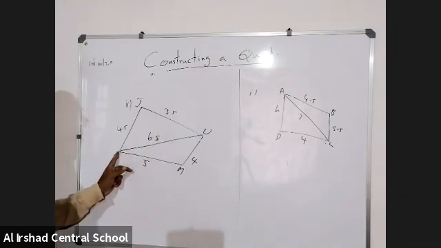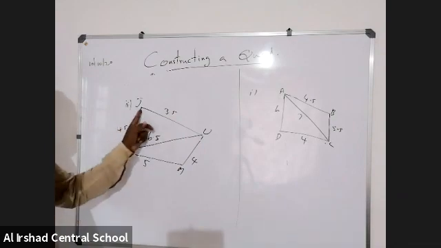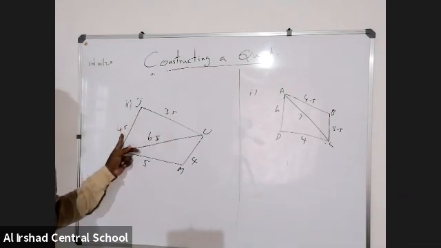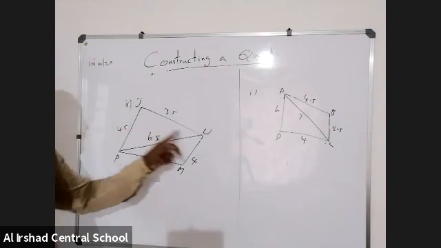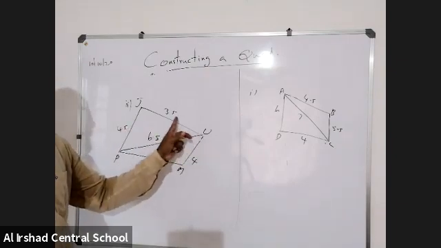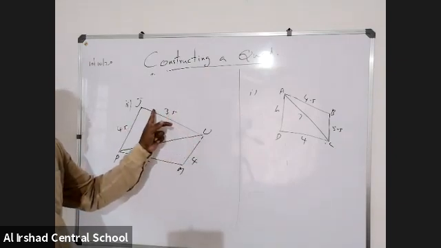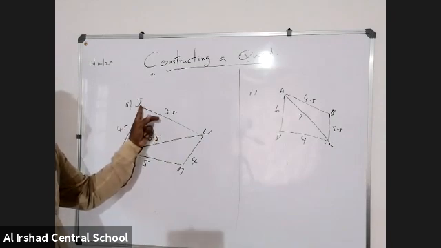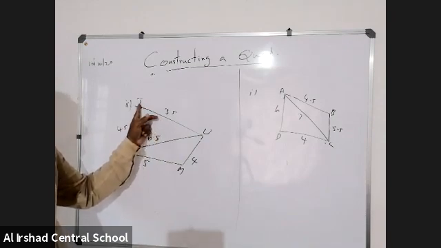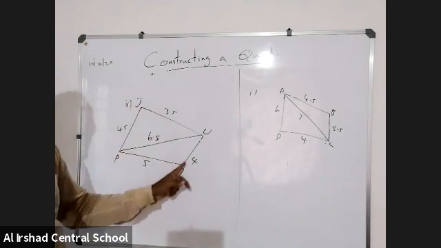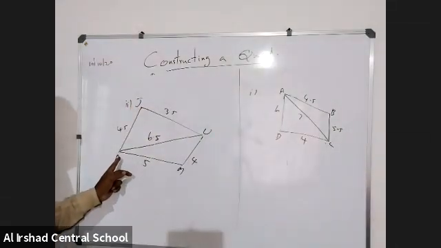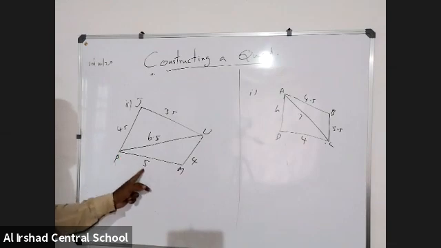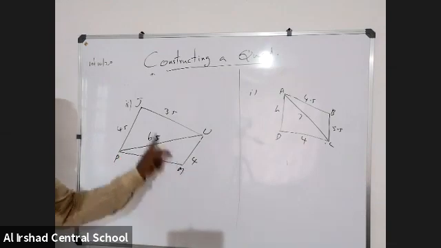Second one, with P as the center, draw PJ with 4.5 as the radius. Now with U as the center, draw another arc of 3.5. Mark the point where the arcs intersect as J. Now again, with P as the center, put an arc of 5 centimeter on the opposite side.